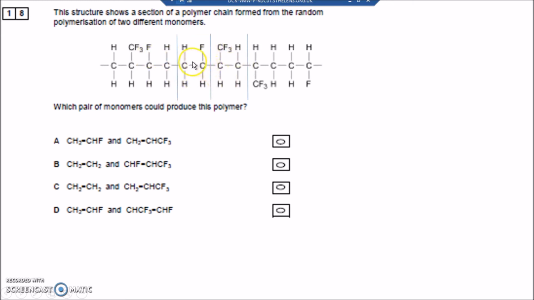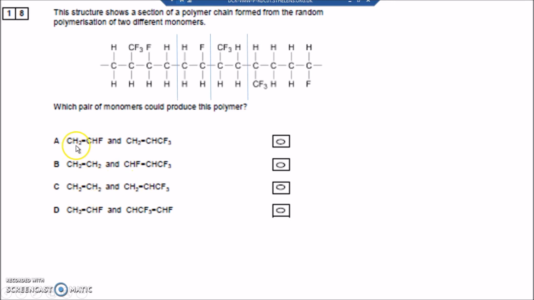Now I've imagined that they have come from having double bonds. Before the double bonds have broken, they've formed a long saturated polymer with single bonds. So this has been CH2 double bond CFH, CH2 CHF, yes, same thing. CH2 CHF is a possibility.